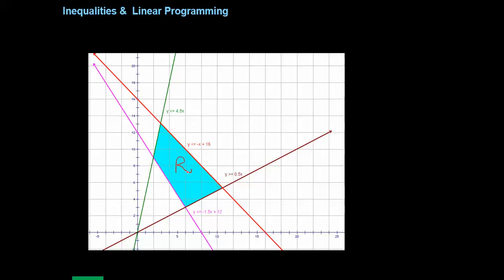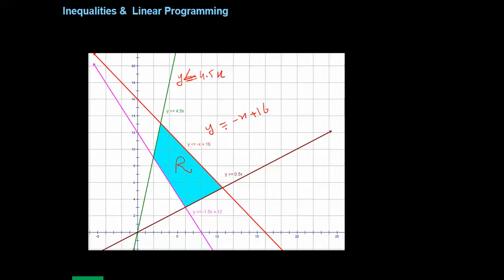So region R is here. The green line region is below that. The green line has the equation y is equal to 4.5x, so it will be less than or equal to 4.5x. And then the red line, the equation for this is y is equal to negative x plus 16.